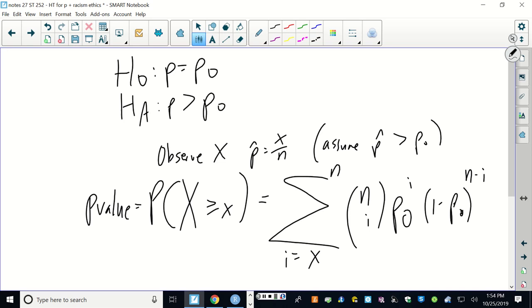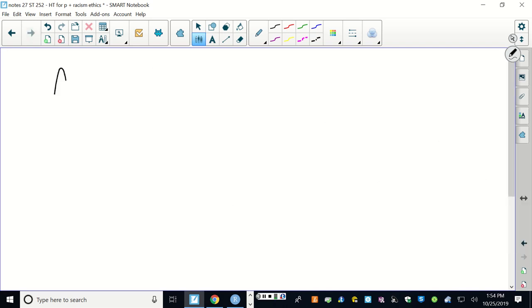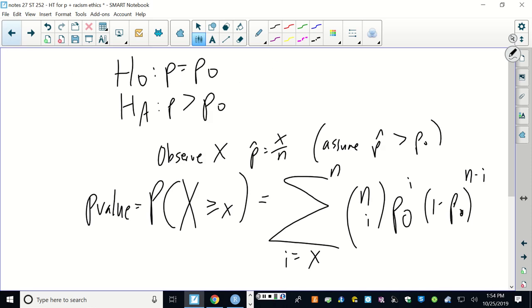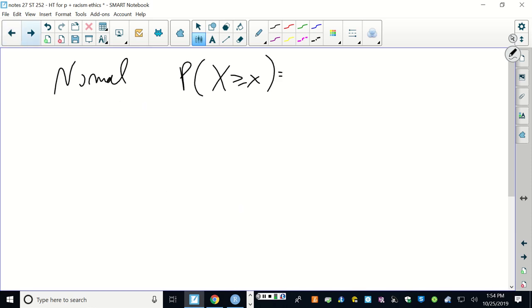So what happens in the normal approximation? We want the probability x is greater than or equal to x. Did I write greater than or equal to over here? Yeah. Okay. Well, it's the probability that p hat is greater than our little x over n.